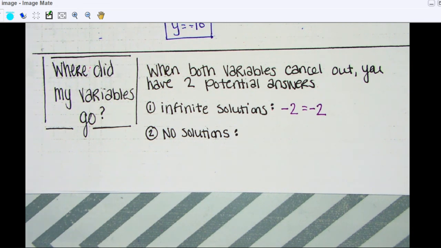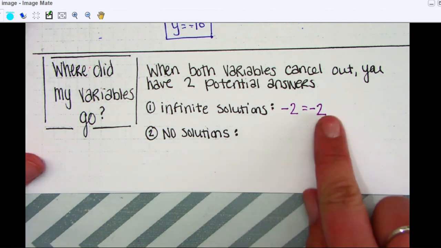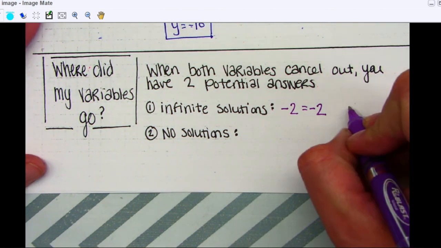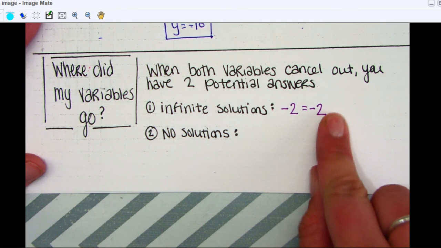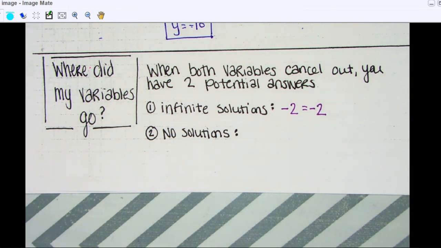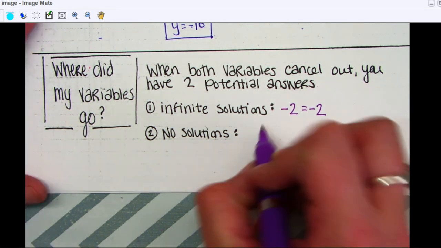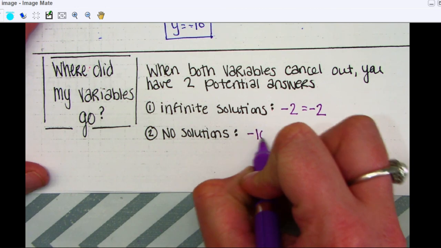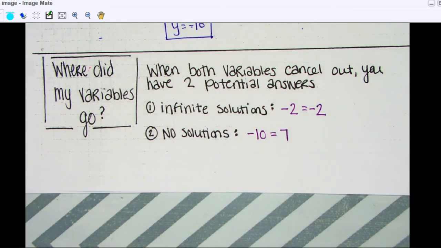They don't actually cross. Okay, they're the same line. So if you have the same number on both sides, it is infinitely many solutions. If the numbers don't match, then it's no solution.